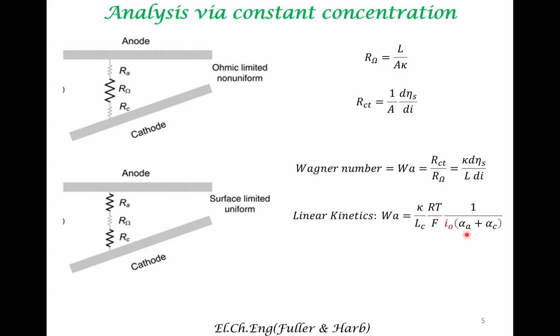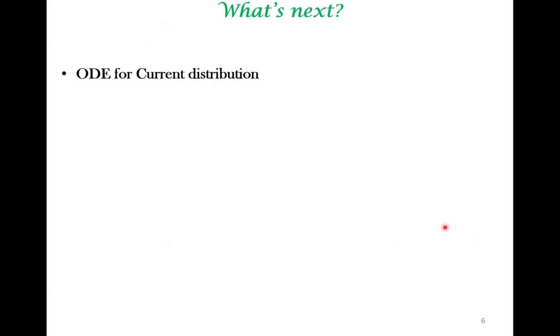That Butler-Volmer kinetics can be simplified under two limits. One is the linear kinetics, another is the Tafel kinetics. Typically, we use linear kinetics under very low overpotential. And under linear kinetics, it is represented using this formula.